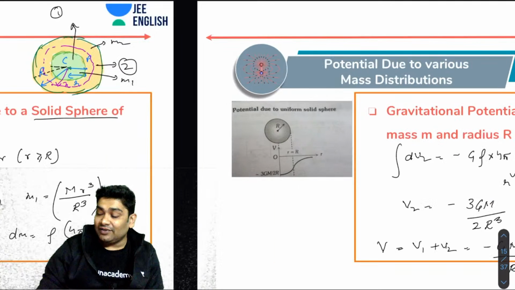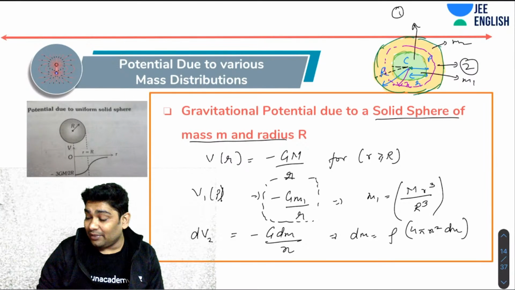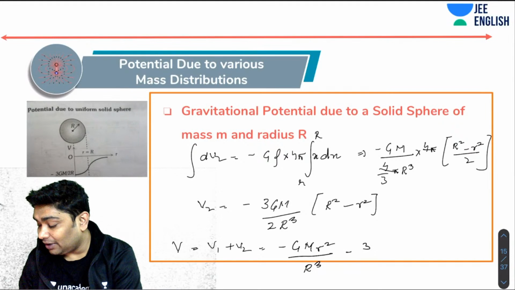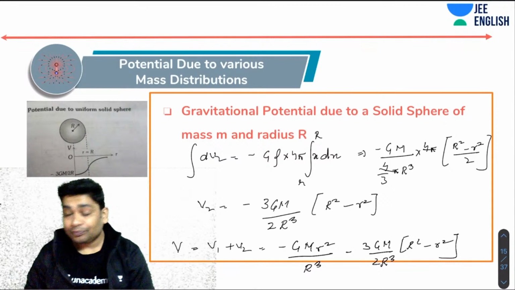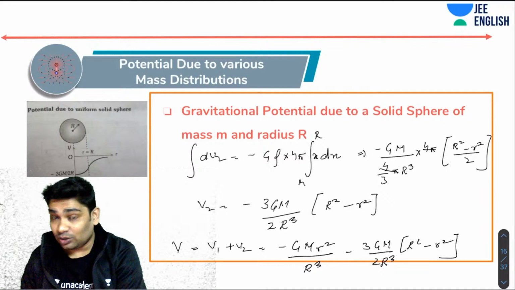Okay, if I substitute the value of M1, then this is what I'm getting, right? And I have minus 3GM over 2R cube times R square minus small r square. Correct? Now let's see what that comes out to be.